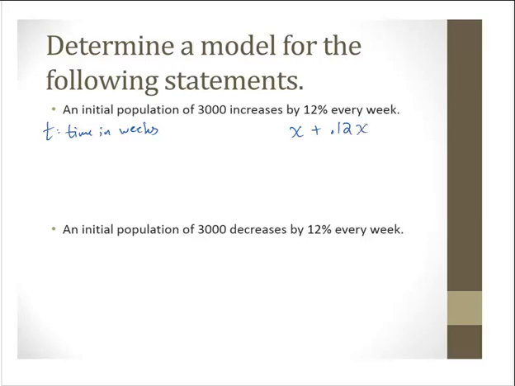Now this original x was a 1x, so 1x plus 0.12x, that's 1.12x. So if you increase a number by 12%, it's the same as multiplying by 1.12. So P of t is 3,000 times 1.12 to the t.